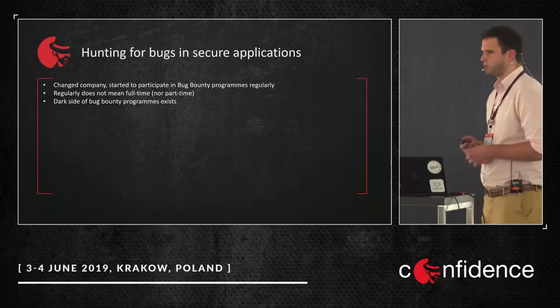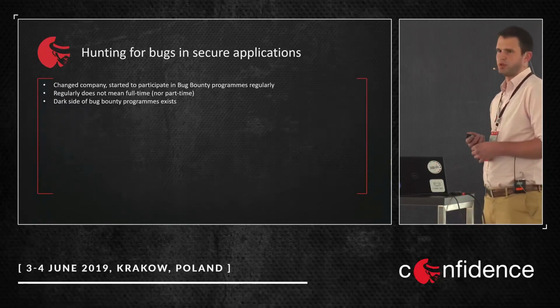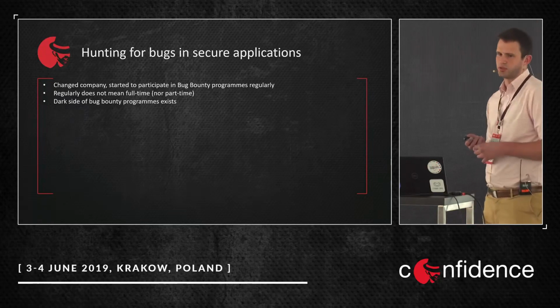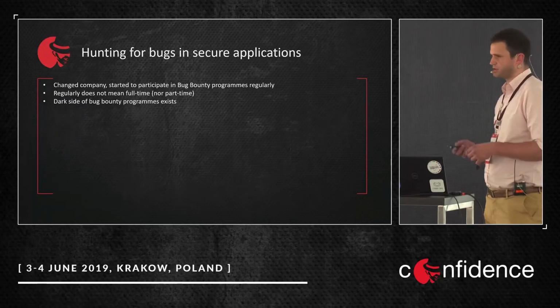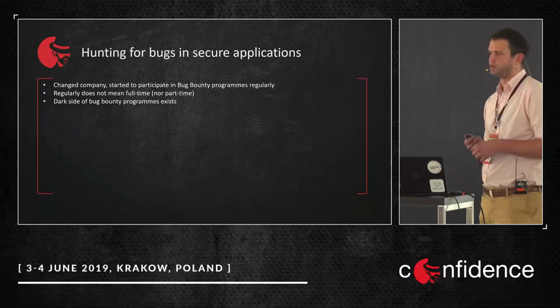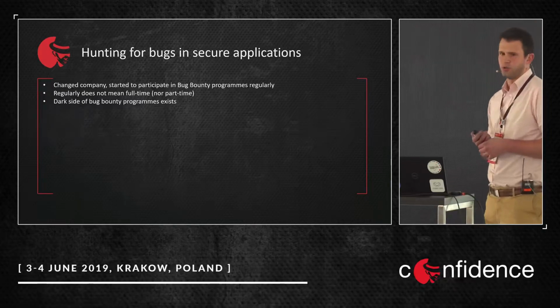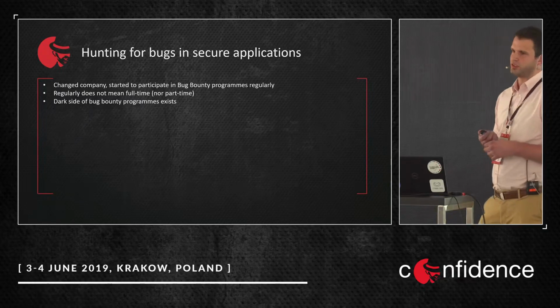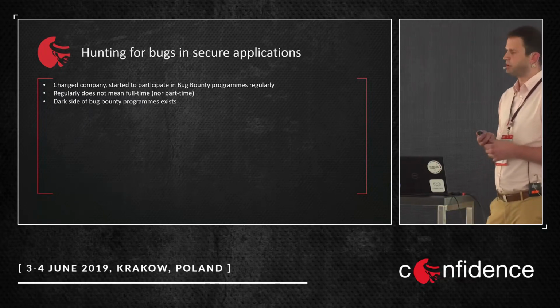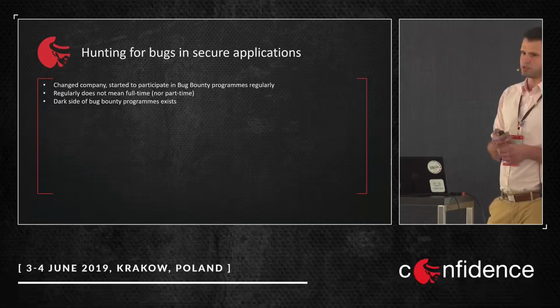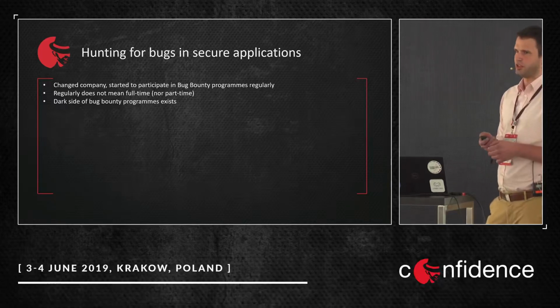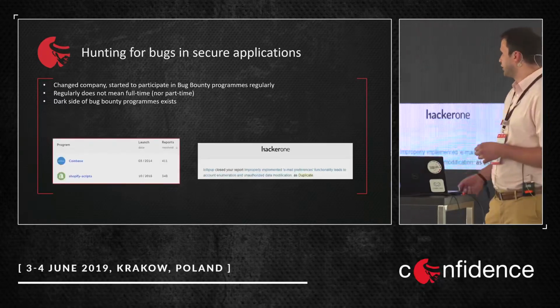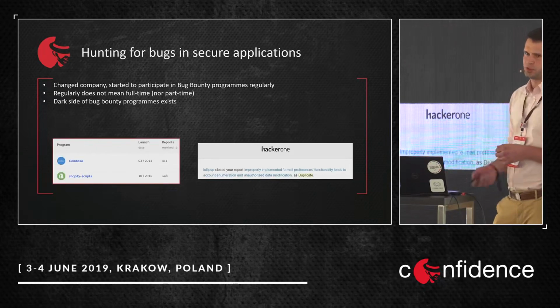Most of the time when you hear about bug bounty programs, you hear about payouts, like 10K or 15K US dollars, or people writing posts about what they did and what they found. The thing is that I believe the majority of people who spend a lot of time on bug bounty programs are not even getting paid for that because of duplicates.